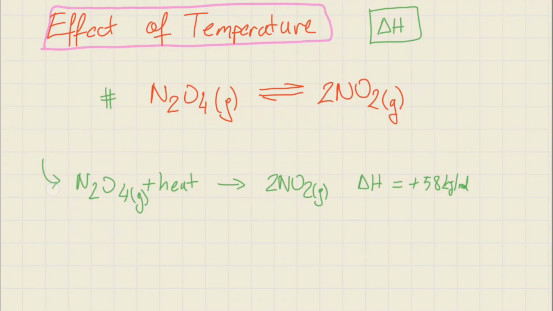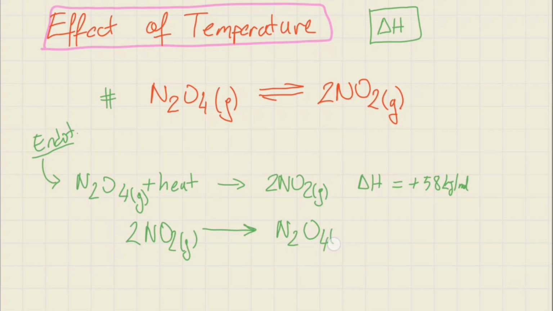So this is an endothermic reaction. And the reverse reaction, 2NO2 gas becomes N2O4 and it causes heat formation. The delta H of this reaction is minus 58 kJ per mole. So this is an exothermic reaction.